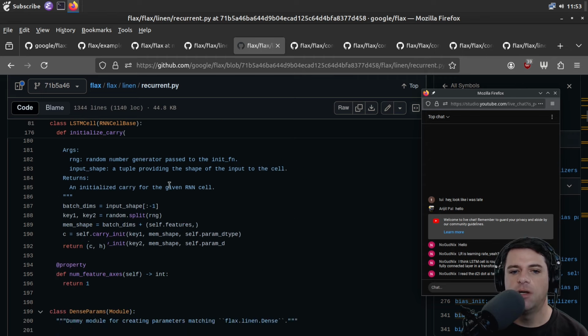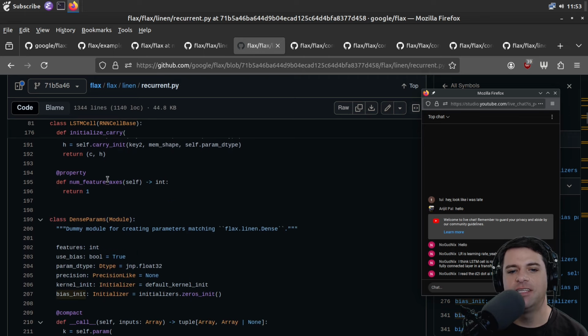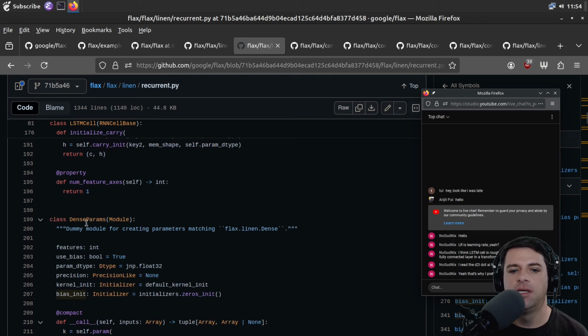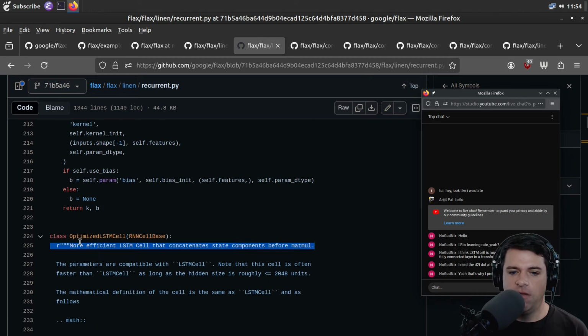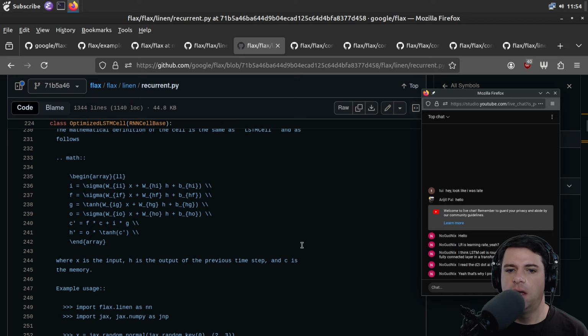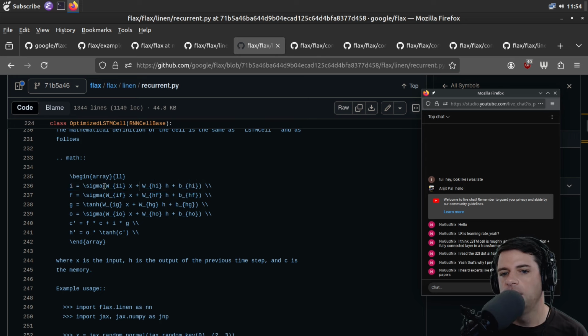Okay, so this is some recurrent neural network stuff. Whatever carry is, we have it. This seems to be like a per neuron implementation. And this, whatever dense params, it says it's for some dummy stuff. I'll ignore it. We have an optimized LSTM cell, a more efficient LSTM cell that concatenates state components before matmul. Matmul, I'm guessing, is matrix multiplication. And we have some math. There's i is the sum over what? I'm guessing of W_ii, some sort of weight.